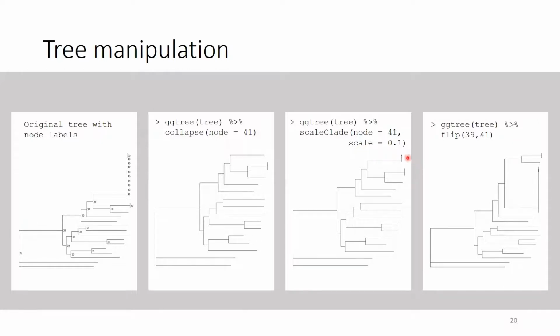So that clade is shrunk. And if we had set it to anything over 1, then it would expand the clade. There's also the flip function. So we can flip these two clades, and now we can see that clade at node 41 is now moved. So if you want to change the positioning of your tree.